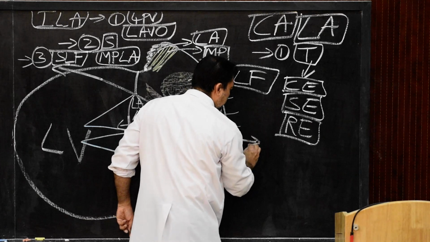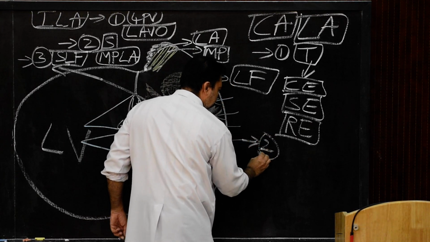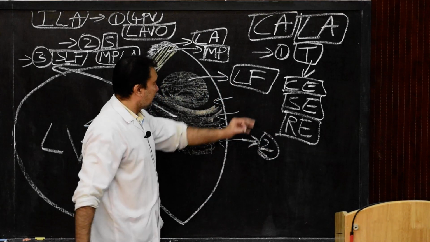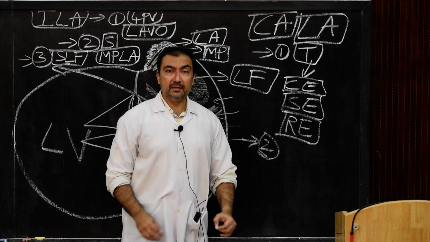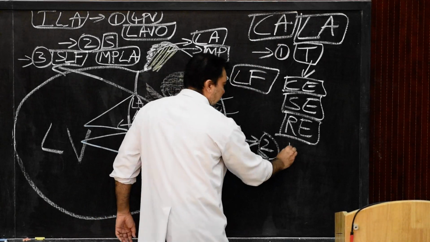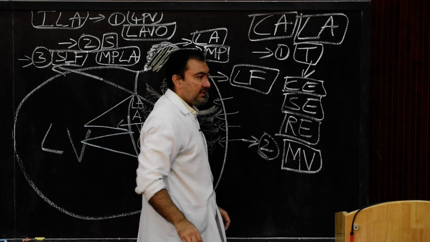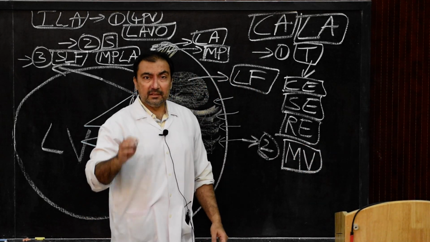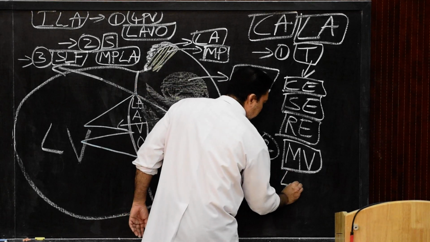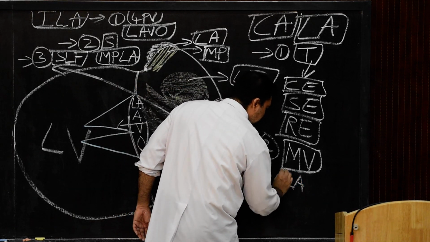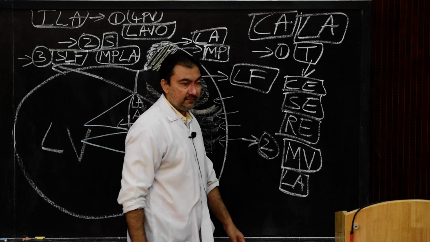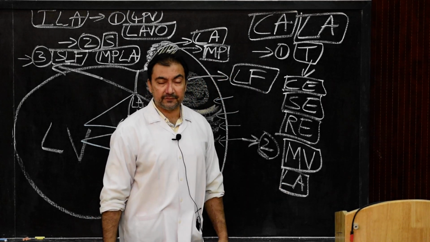Then the second important clinical aspect of this left auricle: in mitral valvotomy, there will be resection of the left auricle. The left auricle may be resected, in which the surgeon prefers to do resection of the left auricle.